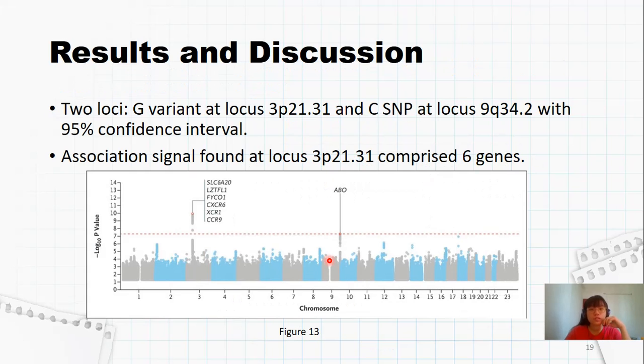Then I would like to discuss the results. There are two loci, which are the G variant at locus 3p21.31 and the C SNP at locus 9q34.2, with a 95% confidence interval, possibly associated with severe respiratory failure caused by COVID-19. The association signal found at locus 3p21.31 comprised 6 genes as shown in this figure.